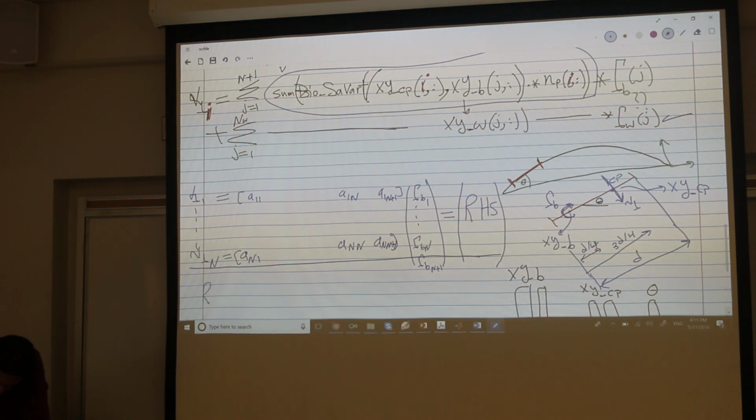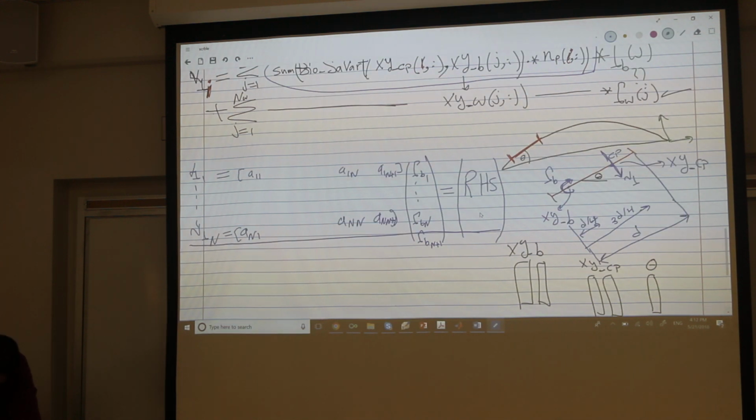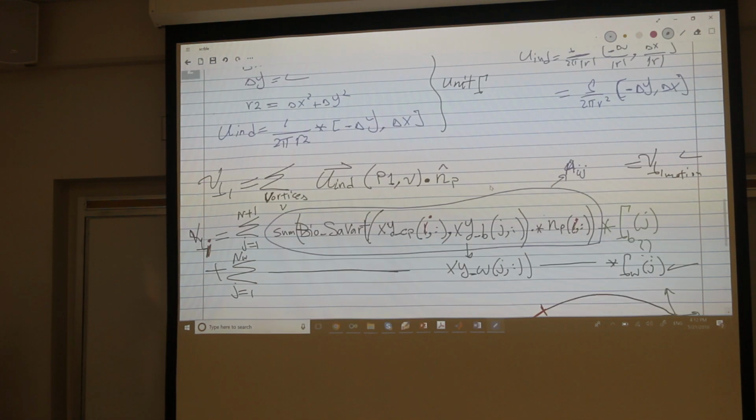Where this right hand side is what? Right hand side includes what? What's the obvious thing in the right hand side? What should be in the right hand side?